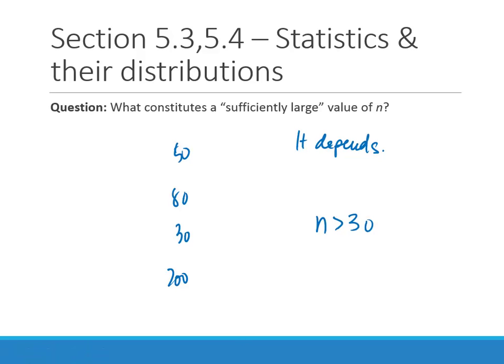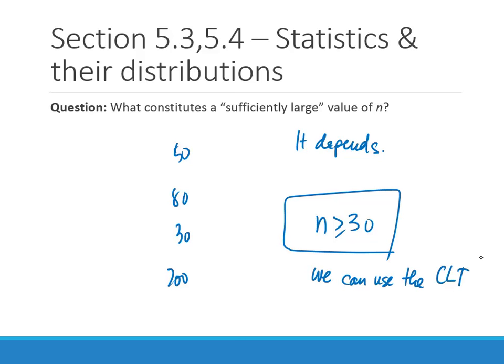So what we'll call sufficiently large is n greater than or equal to 30. In almost any case, that will be plenty big for this approximation to be good. That's the rule of thumb. As long as n is bigger than or equal to 30, we can use the central limit theorem, the CLT.